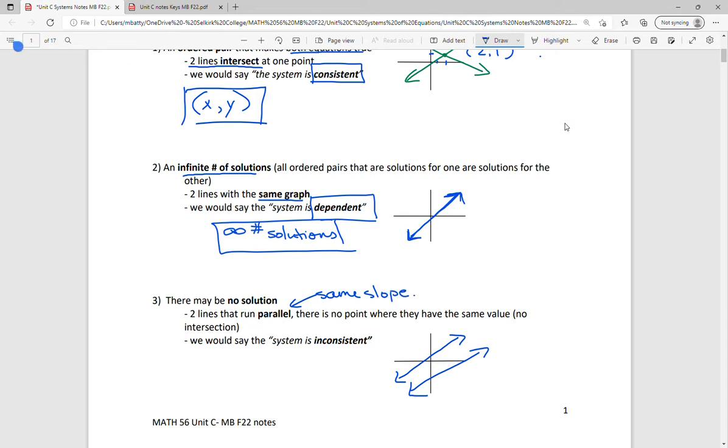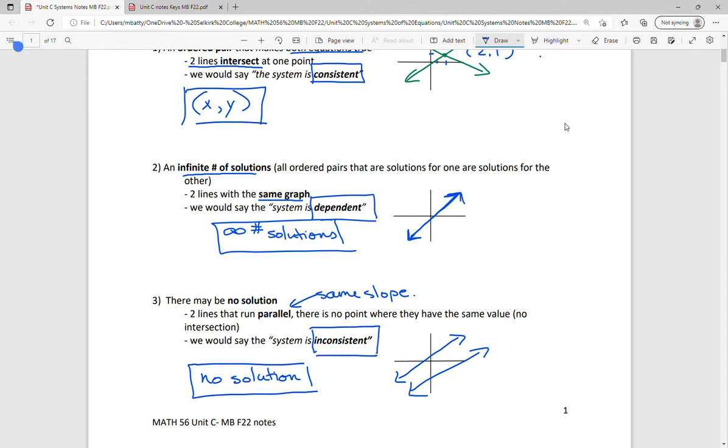This means that those two lines are never going to meet. They're never going to intersect each other. There is no solution to this system, because there's nowhere that the same x and y is going to make both equations happy. And we'd say that that system is inconsistent.